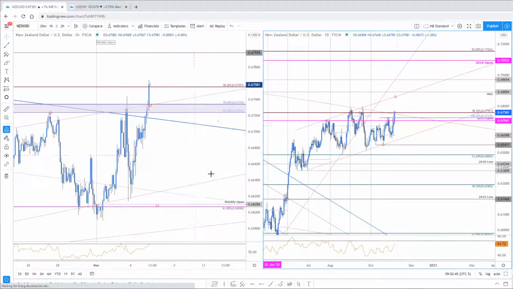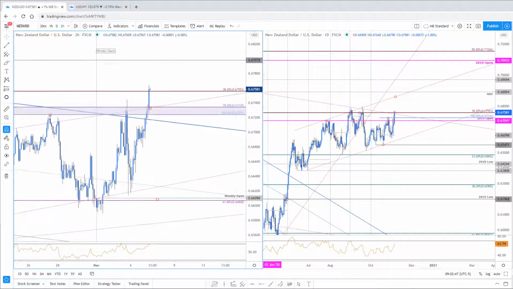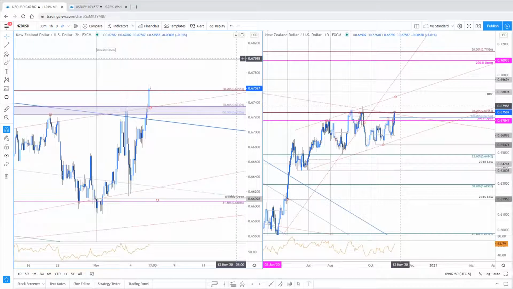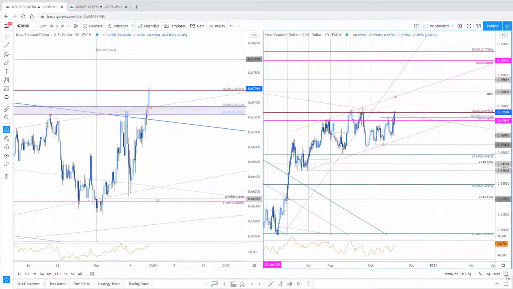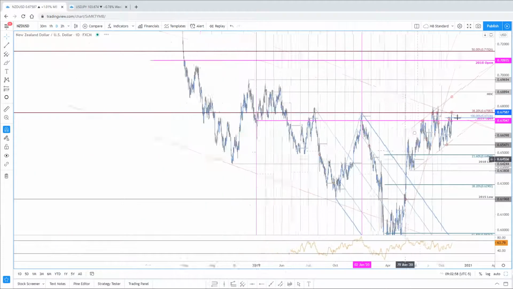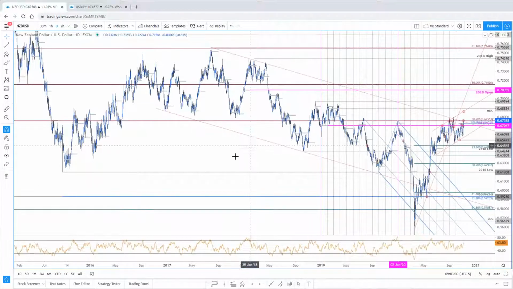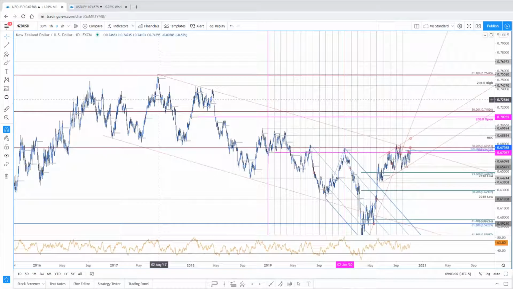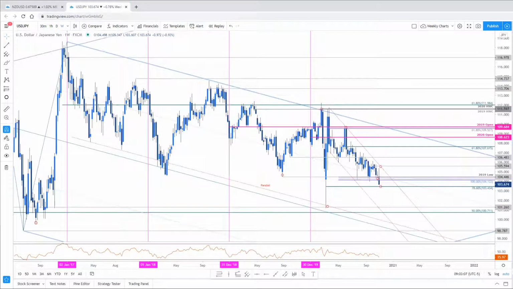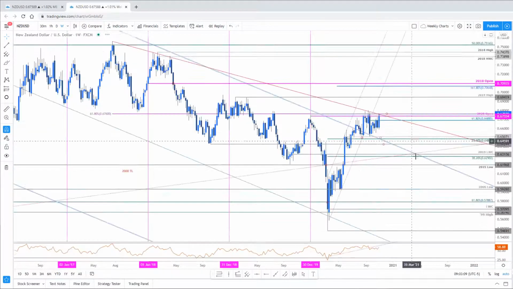I have them labeled, I think, on the intraday chart here. It's basically 68 is the high. And then onwards, right? This slope we're coming into here is pretty big stuff. It's off the highs from 2017. Here's Kiwi on the weekly charts.